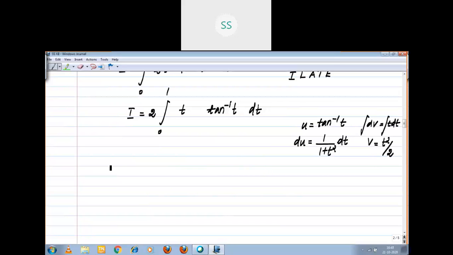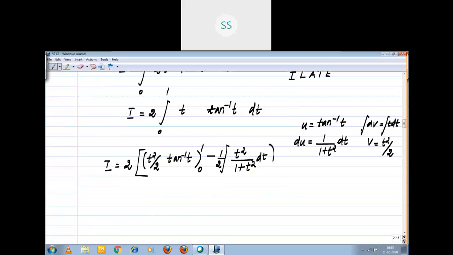Now I equal to 2 into uv, that is t square by 2 into tan inverse t, the first portion integrated, minus 1 by 2 into t square divided by 1 plus t square dt, from 0 to 1.